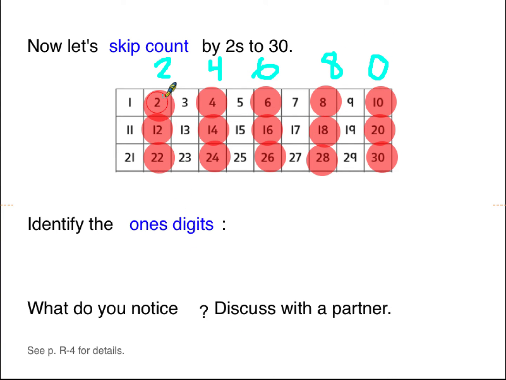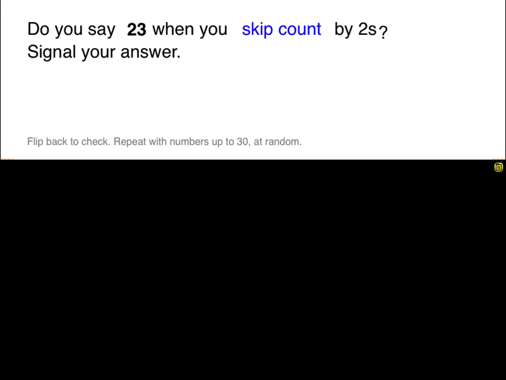So the last digit is all 2, all 4, all 6, all 8, and all 0. When we go next, after 30 comes 32, 34, 36, 38, 40.